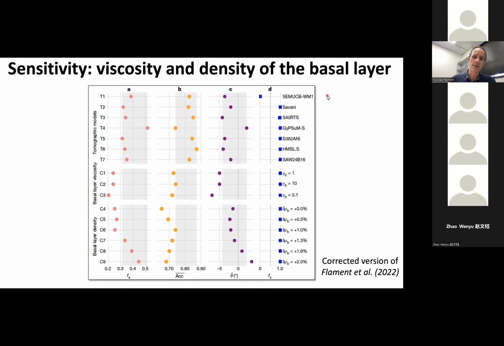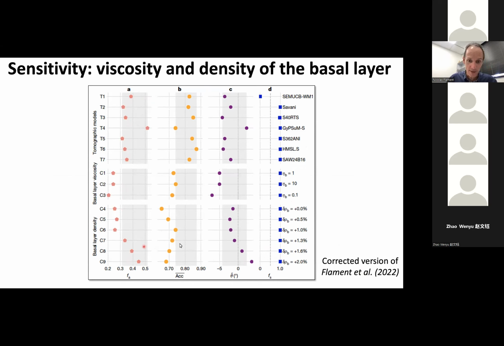So I've introduced a lot here. I've actually introduced 4 metrics, and we're going to look at these 4 metrics now, for a series of tomographic models at the top, and then 2 series of mantle flow models. The 4 metrics are A, B, C, and D. And actually, I had a bit of a typo in the published version of the article, which is embarrassing, but you know, it's life. We are human.